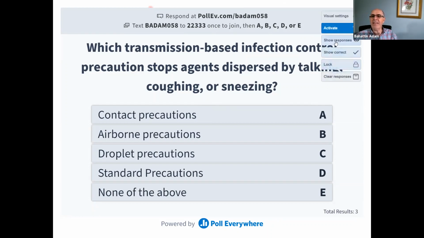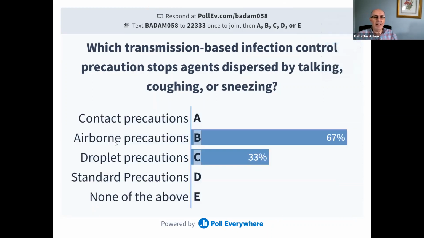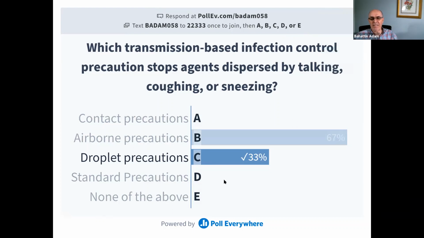Now let's see, airborne precautions and droplet precautions. The correct answer is supposed to be C. Let's see. Yes, C is the correct answer.